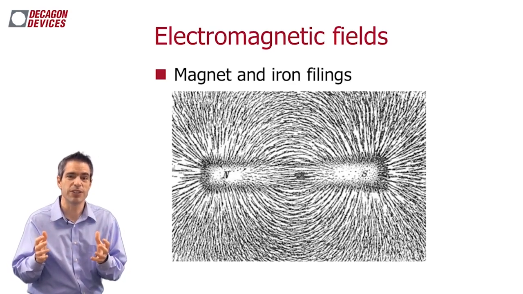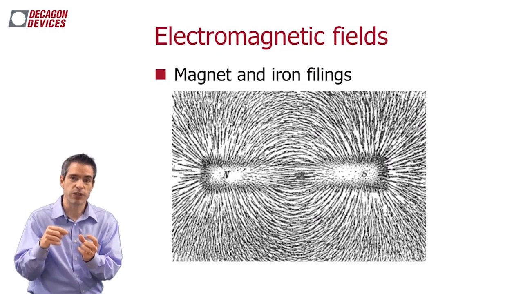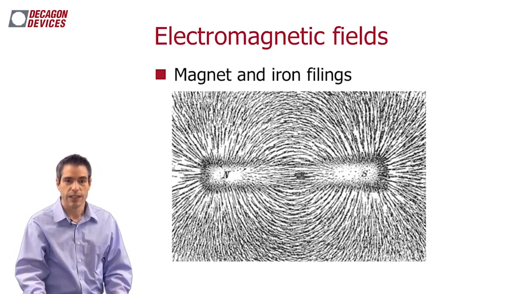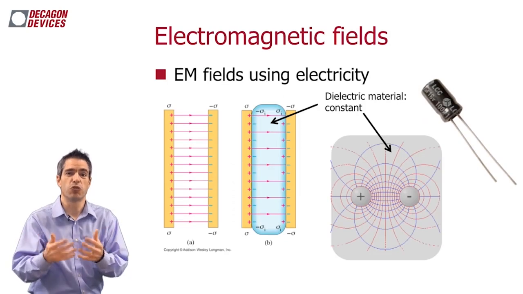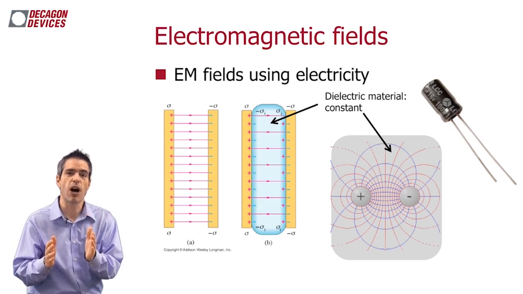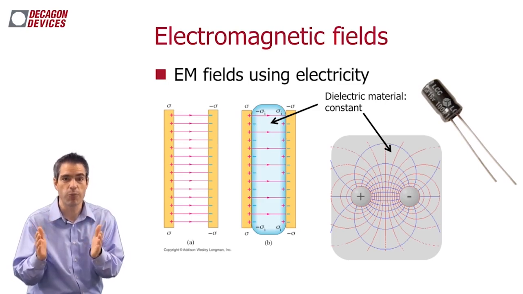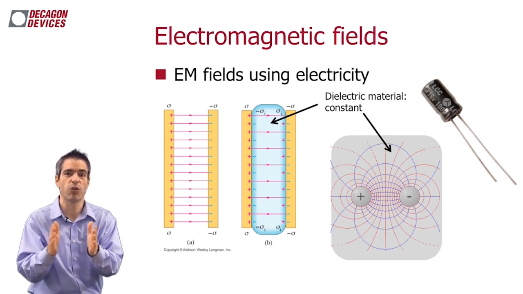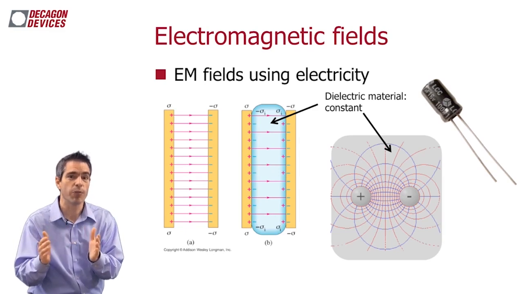Now, what I was interested to learn was that even though I couldn't see it, there was a field that was created, and those lines were part of this electromagnetic field. Now, as we've grown and understood electricity better, we realize that if we create a positive and negative charge, not from a magnet now, but from being able to add electrons across an open space, or on two sides of metal across an open space, we find that we can form the same electromagnetic field.